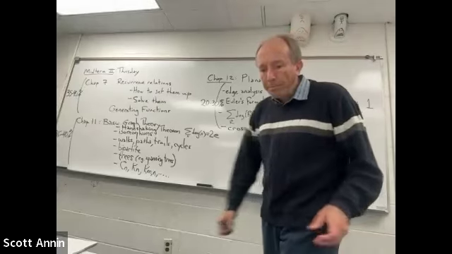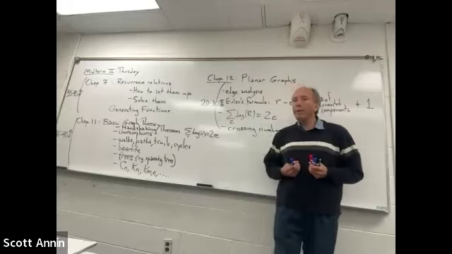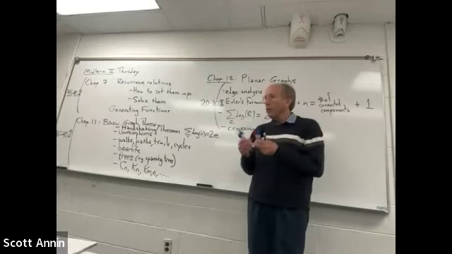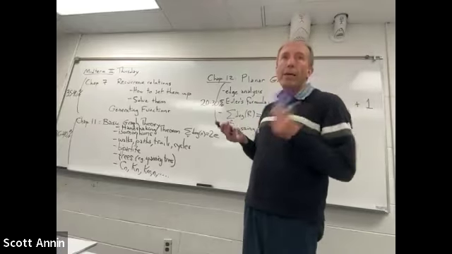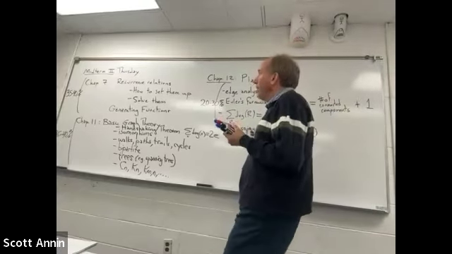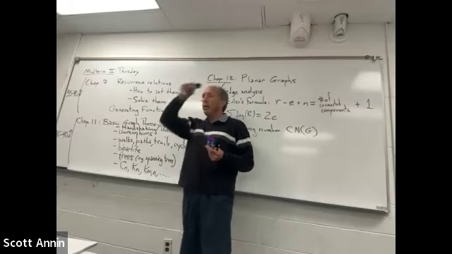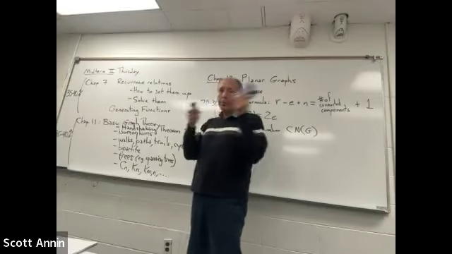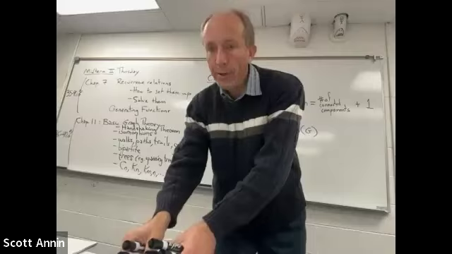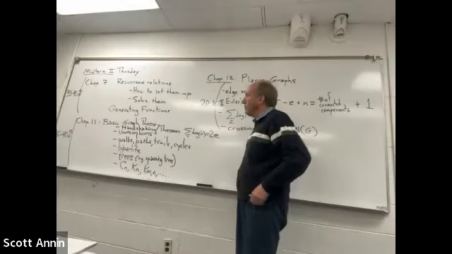The other thing I'm going to recommend, guys, is that you think about bringing some colored pens or markers or just something to write with. Obviously, you can bring stuff. But if you're trying to trace out an Eulerian trail or something and you want to draw on the graphs, it's not a bad idea to have some colors with you on Thursday for the exam, just so you can make it easier for yourself to see it.